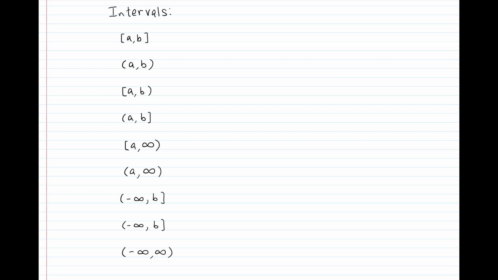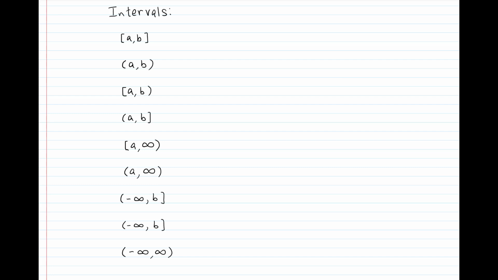Okay, so the first one, what we call the closed interval from A to B. If I asked you, what is that? You would probably say all the numbers between A and B, including A and B, right? But let's write that using mathematical language and symbols, okay? So here's how I would write that first one.